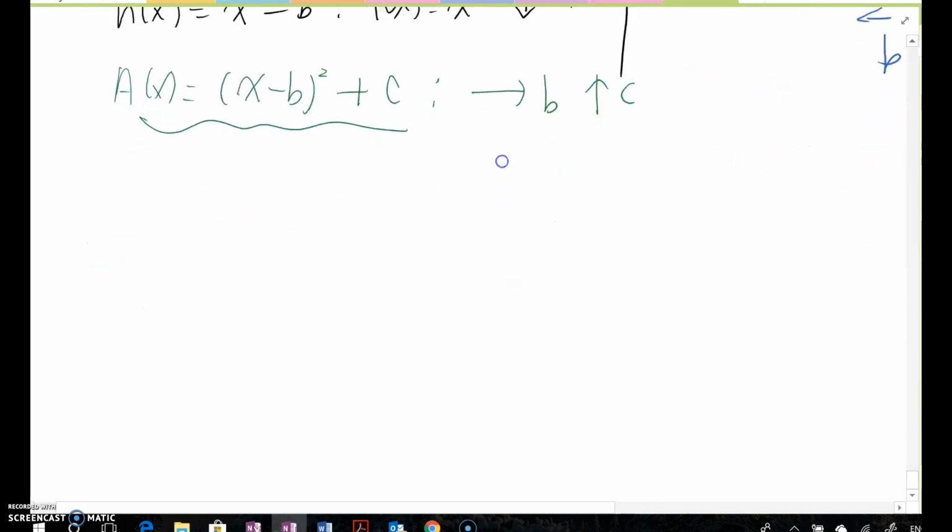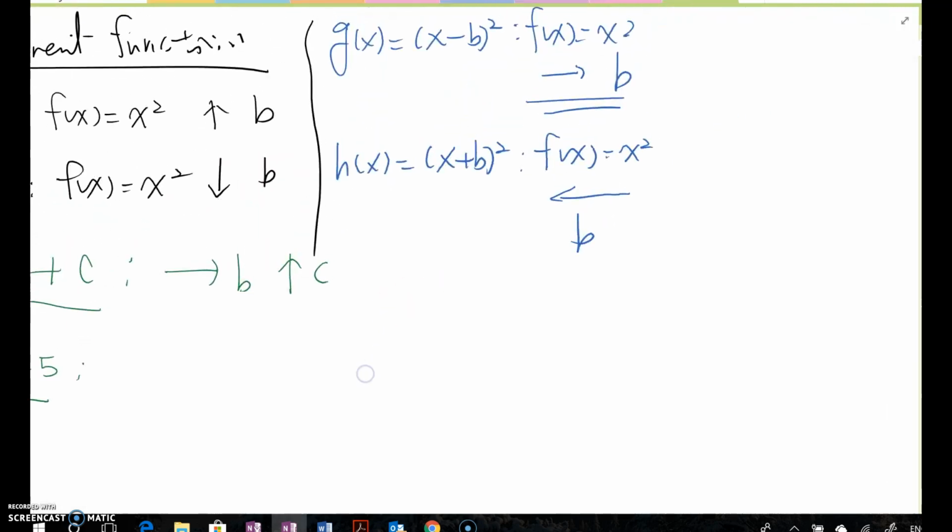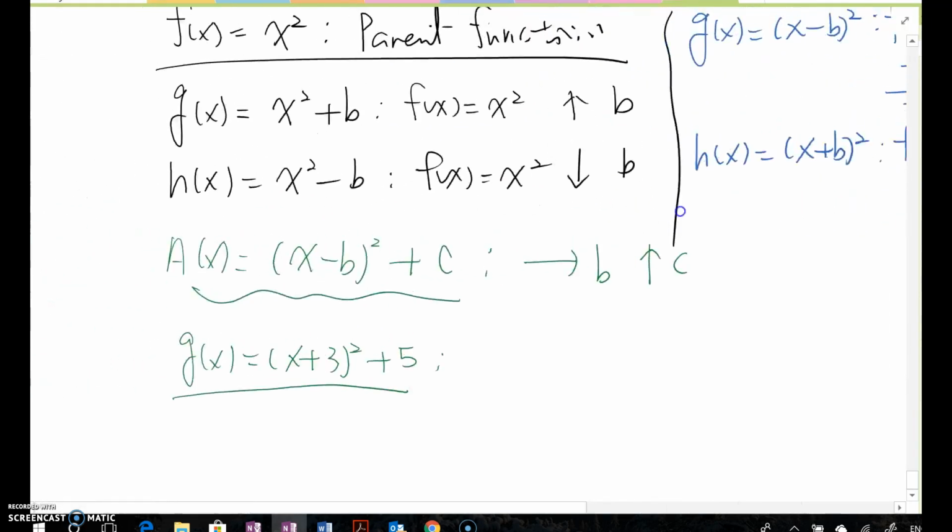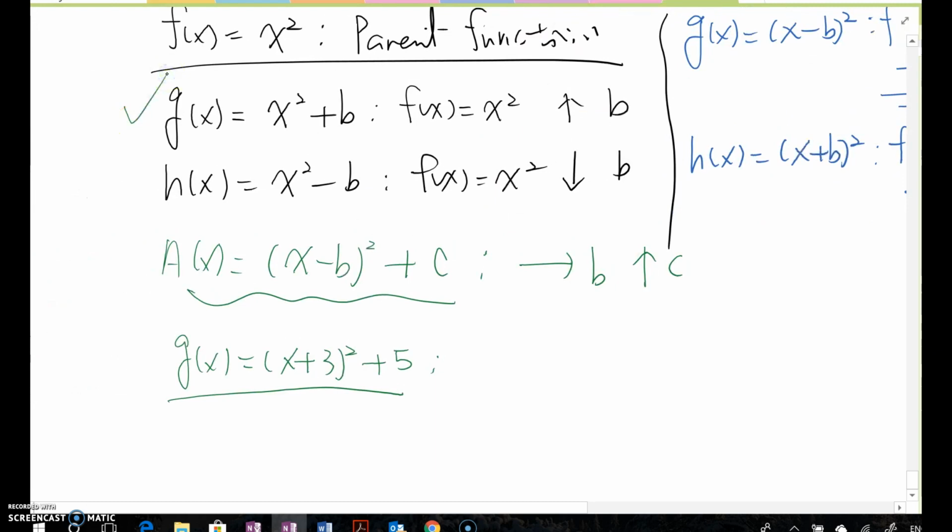So let's look at one example. If given g(x) equal to (x plus 3) squared plus 5, then we can apply this property and this property together, so it becomes left 3 units, up 5 units.